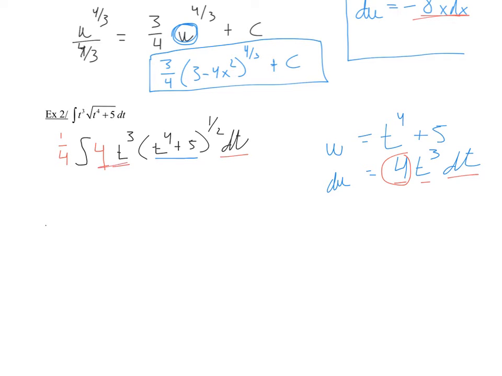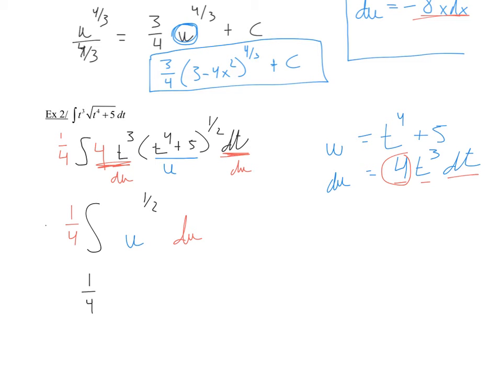So now everything that I've underlined in red, that all becomes du, right? So I'm going to have 1/4 times the integral of something to some power du. Well, what is that something? Well, t to the 4th plus 5 is u, so that's going to be u to the 1/2 power. Let's go ahead and take the integral now.